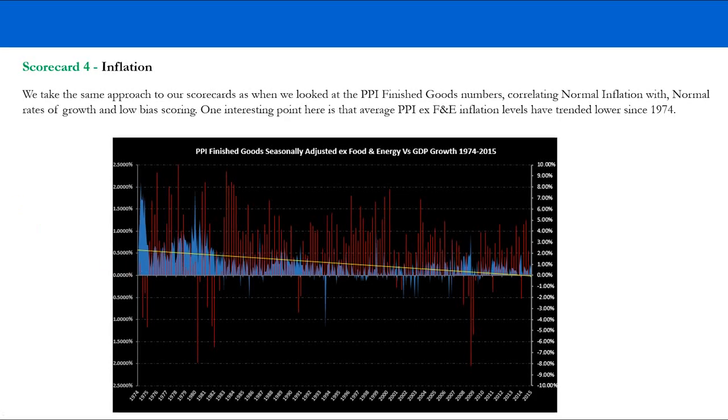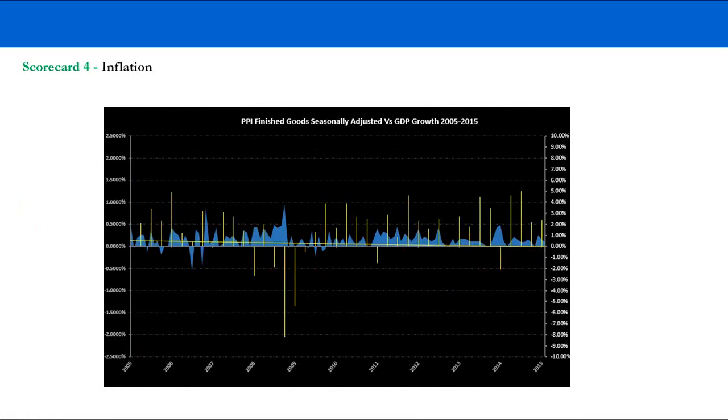So this is how we start to, again, build our scorecards. And when we look at this pictorially and zoom in to recent times, we can get a further understanding of how monthly percentage changes in PPI are associated with certain levels of GDP. So if you look across the spectrum here, you can see most positive numbers are going between 0 and 3%, 2%, and most inflation numbers are coming in at between 0.25% and 0.5%.